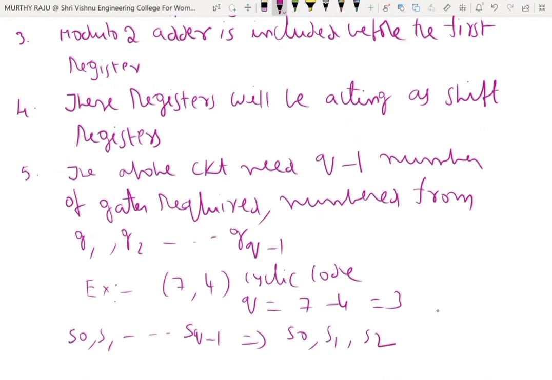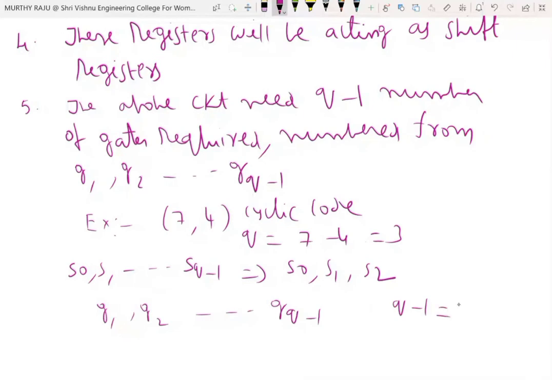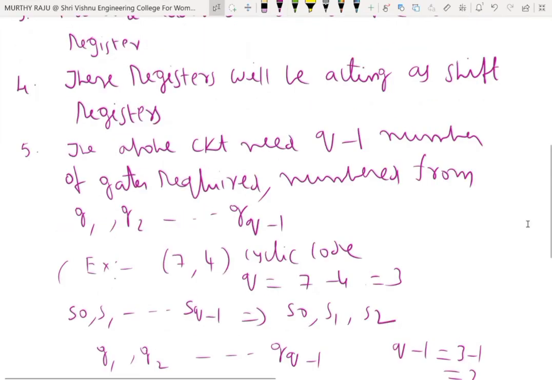Then q minus 1 means 3 minus 1, that is 2, so two gates are required, numbered G1 and G2. The above circuit needs q minus 1 number of gates.